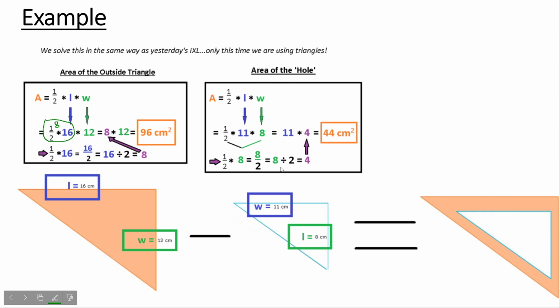And then you do the same thing with the area of the hole. You find the width, that's 11 centimeters. The length, oops, I just realized I switched these. This should actually be length here, this should be width. It's not going to change anything else up here, though.